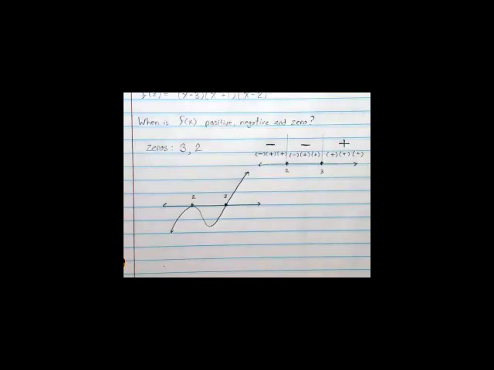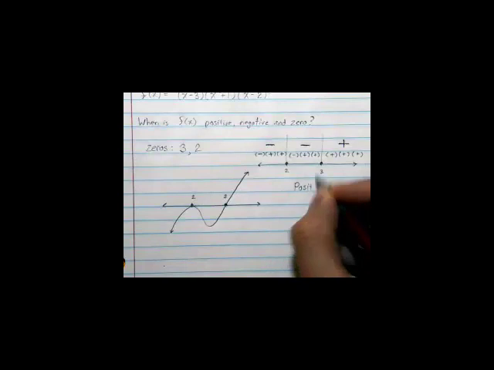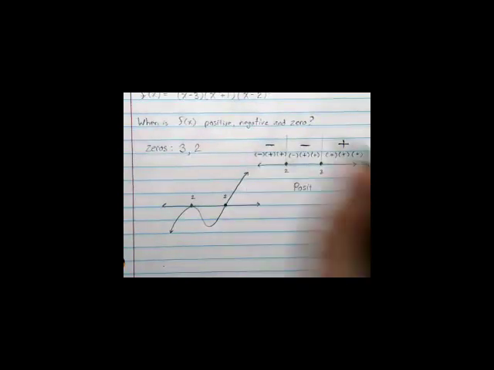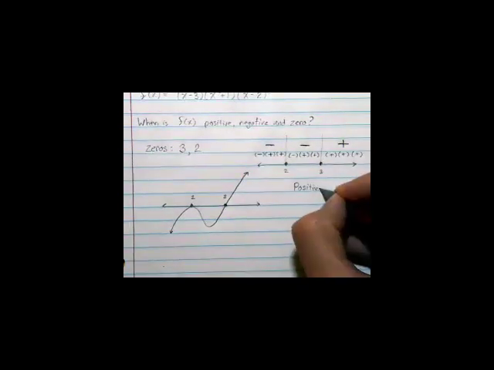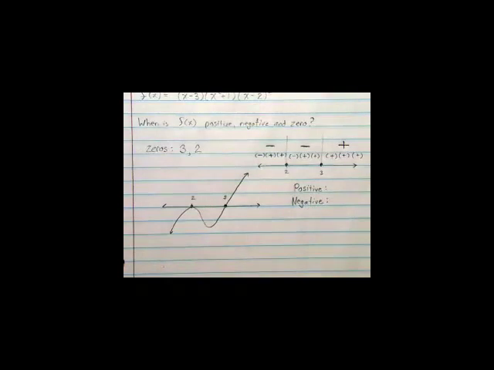So in answering this question, we're going to use some interval notation based on what we came up with, and this is called a sign chart. Based on our sign chart, we can give some intervals for positive and for negative.